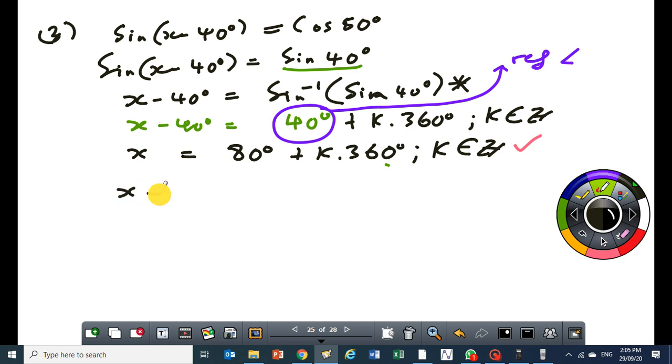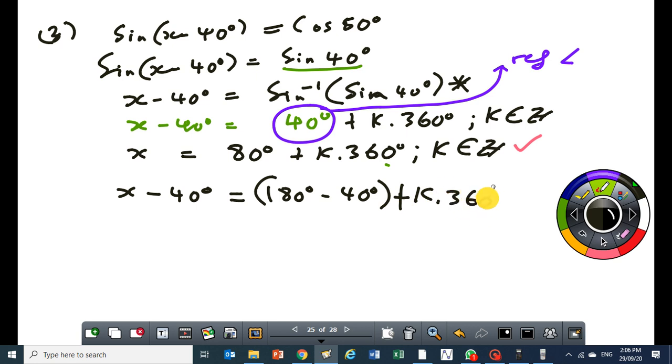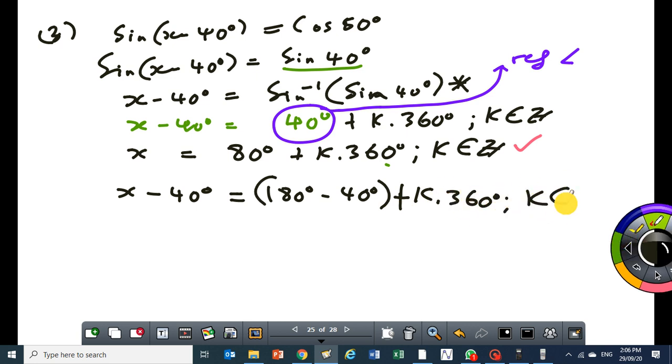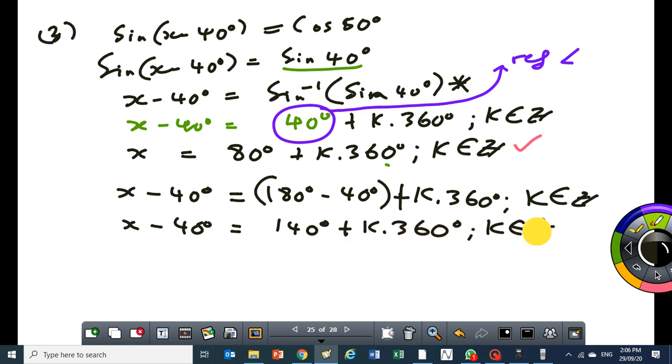You end up having x minus 40 degrees is equal to 180 degrees minus the reference angle, then we add k times 360 degrees, where k is an integer. You simplify that, you get x minus 40 degrees is equal to 140 plus k times 360, where k is an integer. Then your x is going to be 180 plus k times 360, where k is an integer.